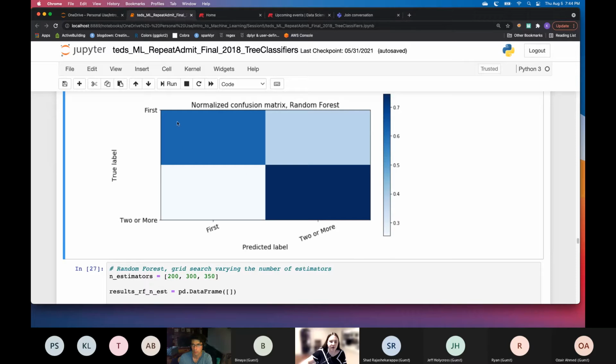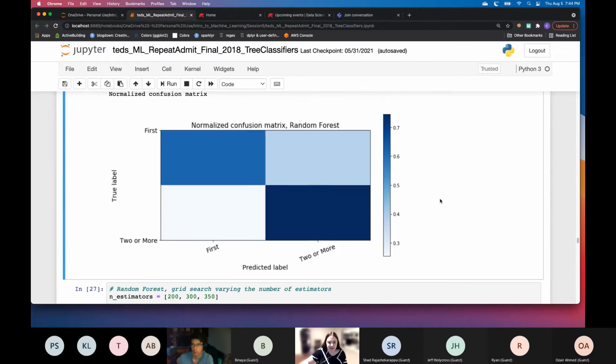So that's why this is lighter here. And these are, in this case, we predicted a first admission, but it was really 2 or more admissions. So that would be a false negative. And down here, in this case, we would have predicted a first admission when it was actually a 2 or more admissions. So in that case, it was a false negative.